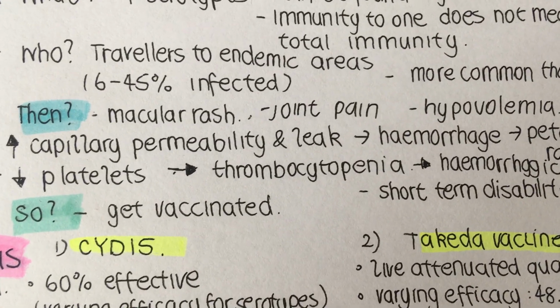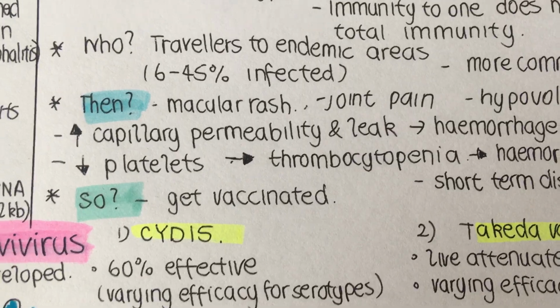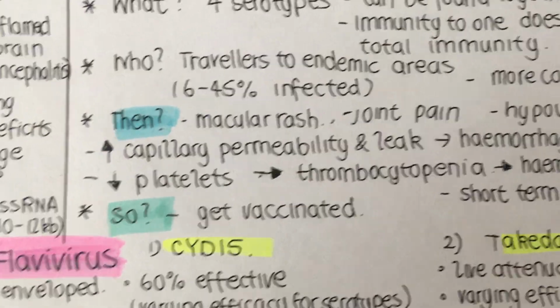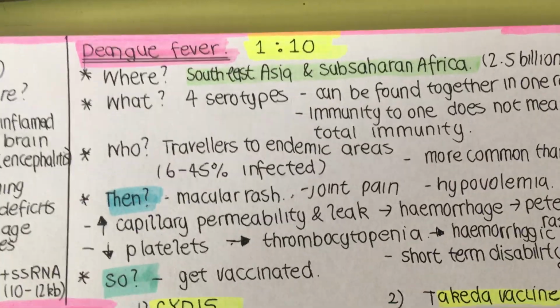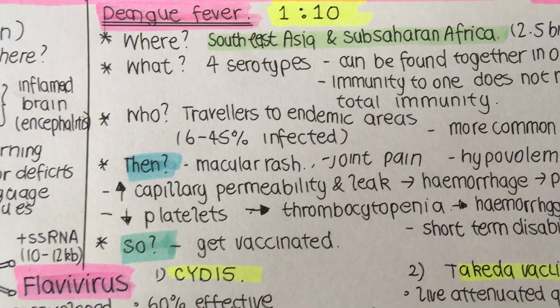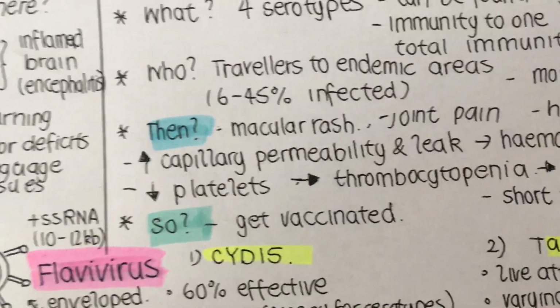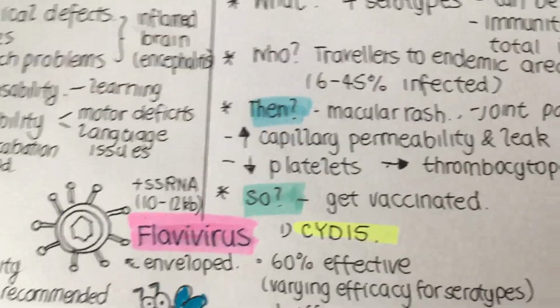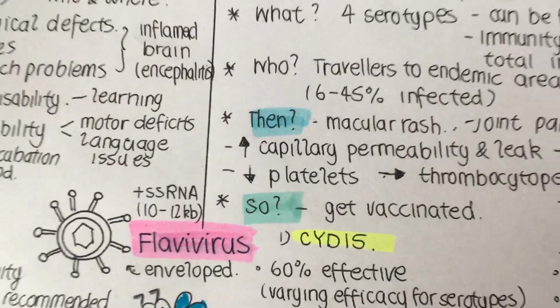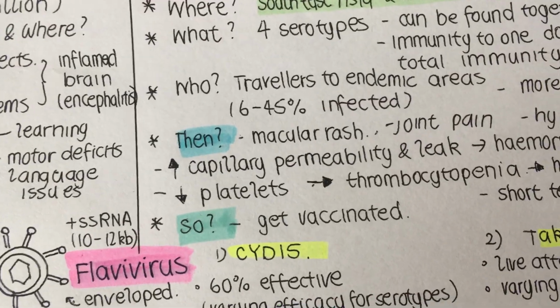And this decrease in platelets can cause an inability for the blood to clot, and this is known as hemorrhagic fever. Overall, this can result in a short-term disability. However, this infection is only apparent in approximately 1 in 10 individuals.